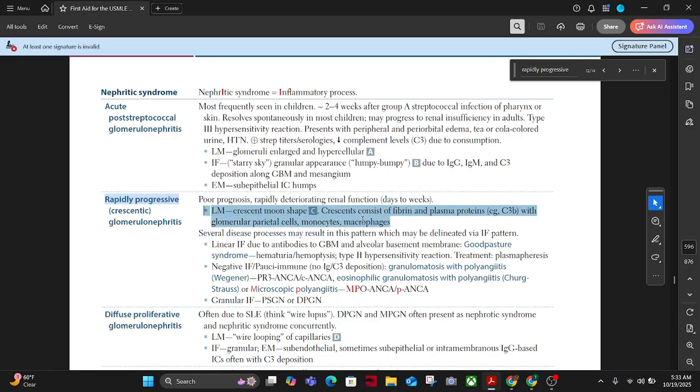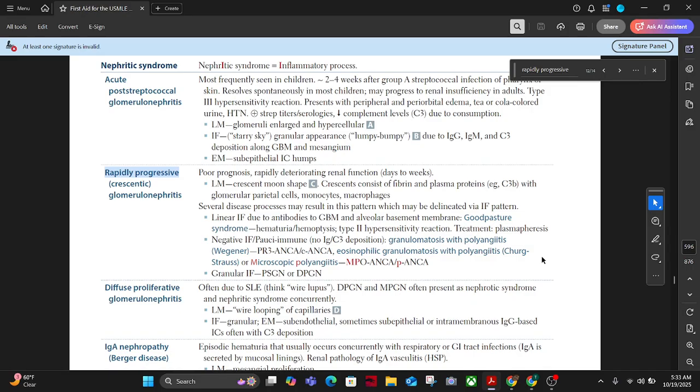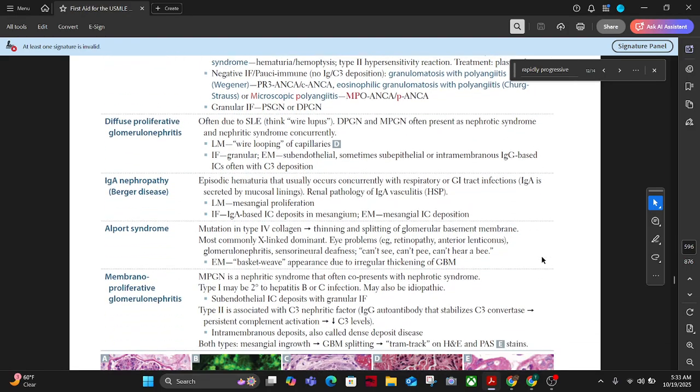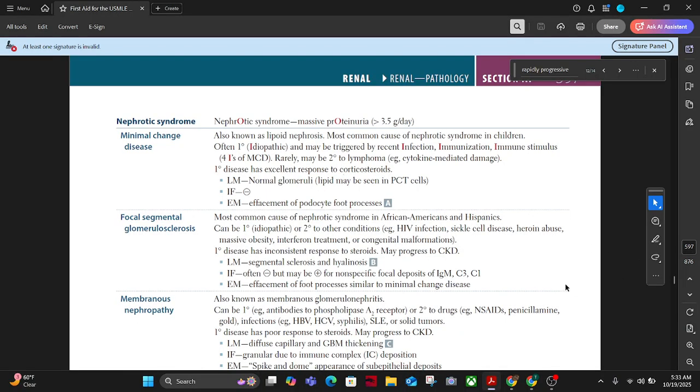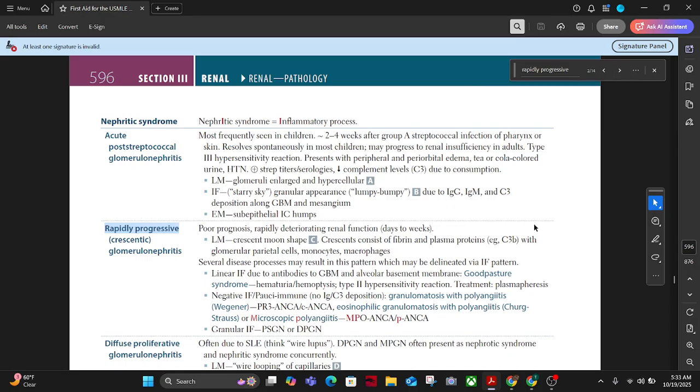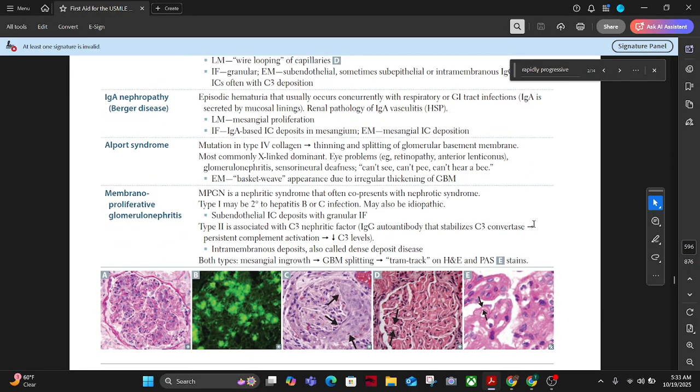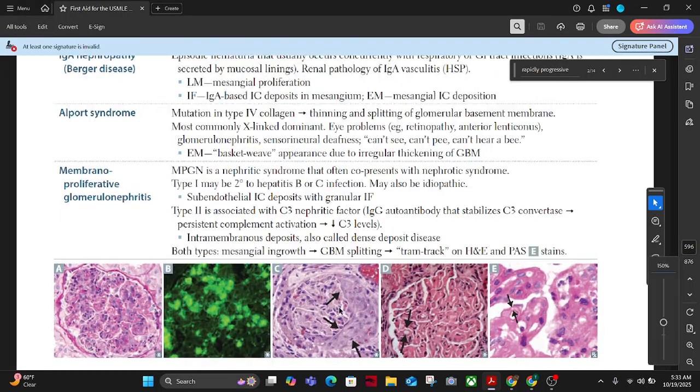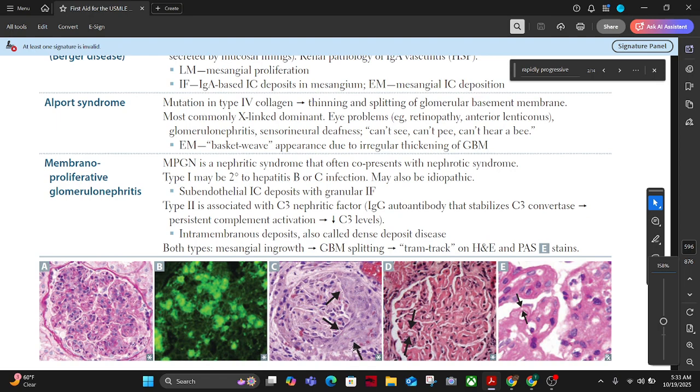The crescents consist of fibrin and plasma proteins with glomerular parietal cells, monocytes, and macrophages. Like this. So you will see crescents.